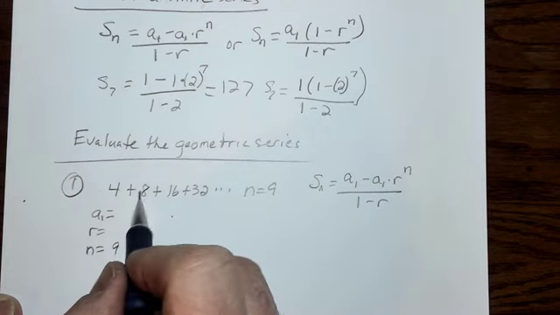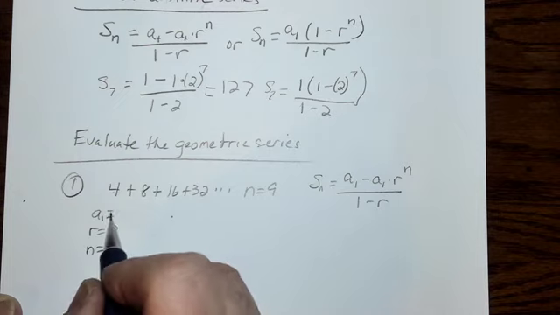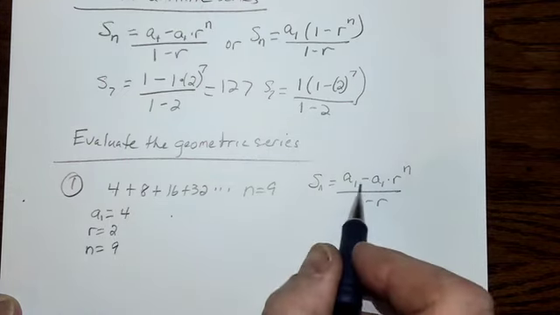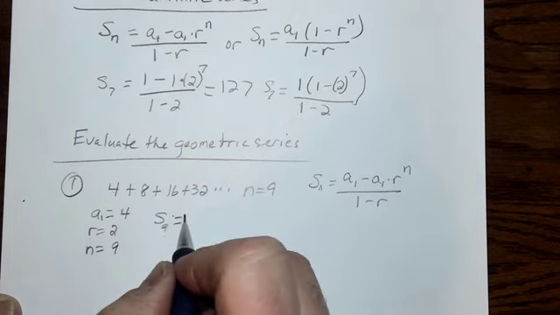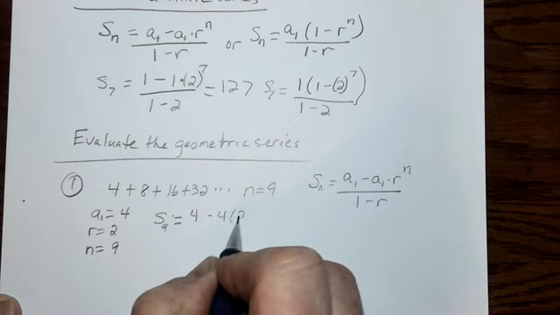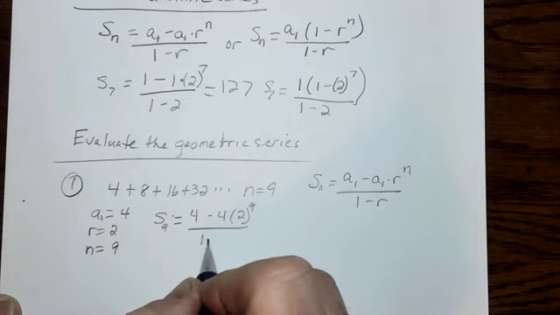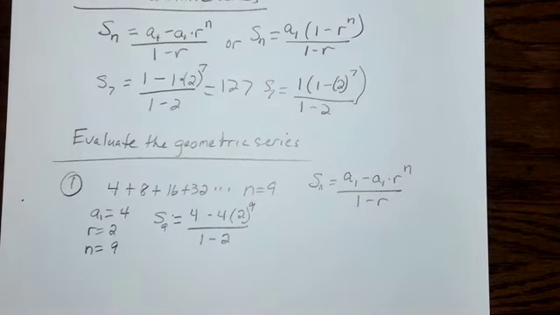I know that r, 8 divided by 4, is 2, and a1 is 4, the first term. So now it's a matter of just substituting. The sum of the first 9 terms is 4 minus 4 times 2 to the 9th over 1 minus what r is, which is 2.